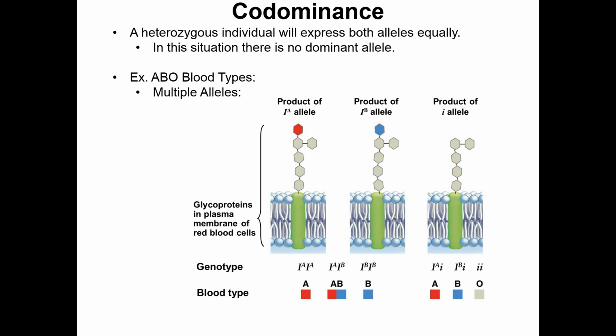Now, an example of codominance is the AB blood type. Individuals who have type AB blood have a copy of the A allele and a copy of the B allele on the surface of their red blood cells. Both alleles are expressed equally. They are codominant.